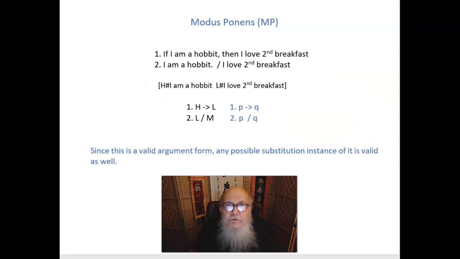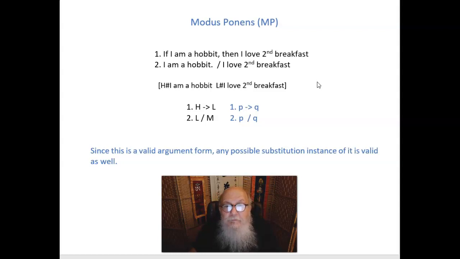Now, our forms are so famous or common that they've been given names, and here, mostly by medieval logicians. And this one was called modus ponendo ponens in Latin, the mode that affirms by affirming. But we just shorten it to modus ponens, or shorten it even more to MP. Consider this example. If I'm a hobbit, then I love second breakfast.